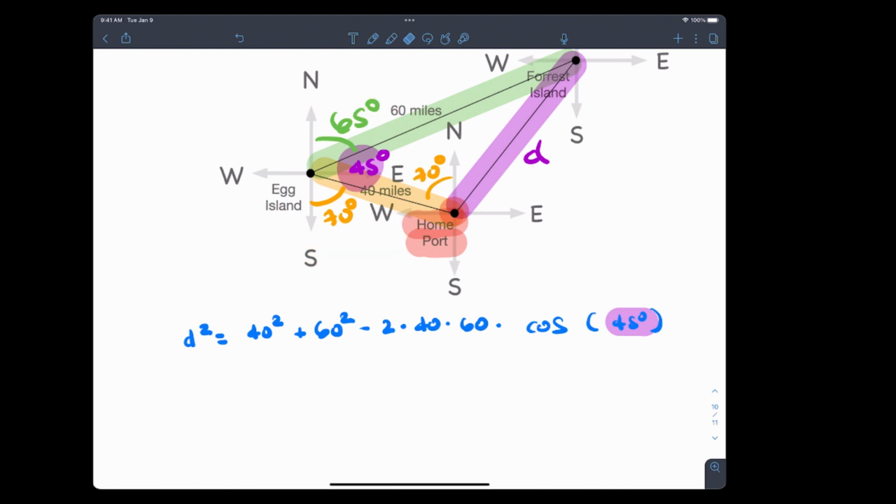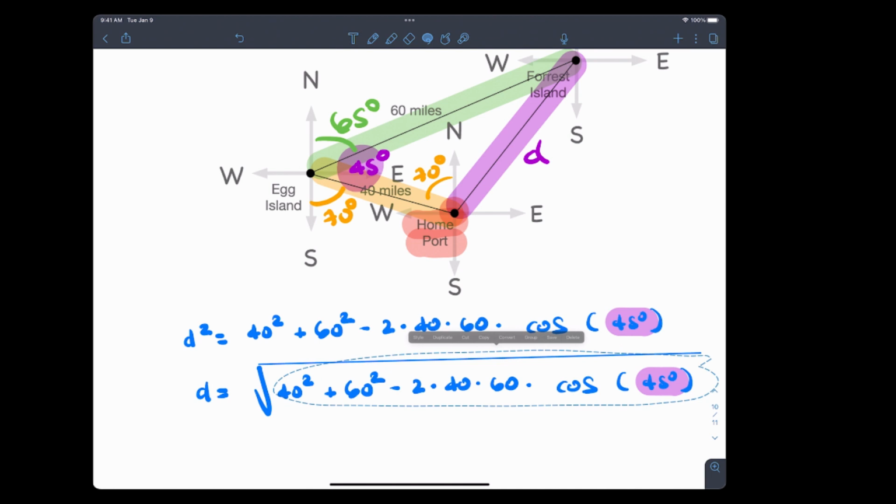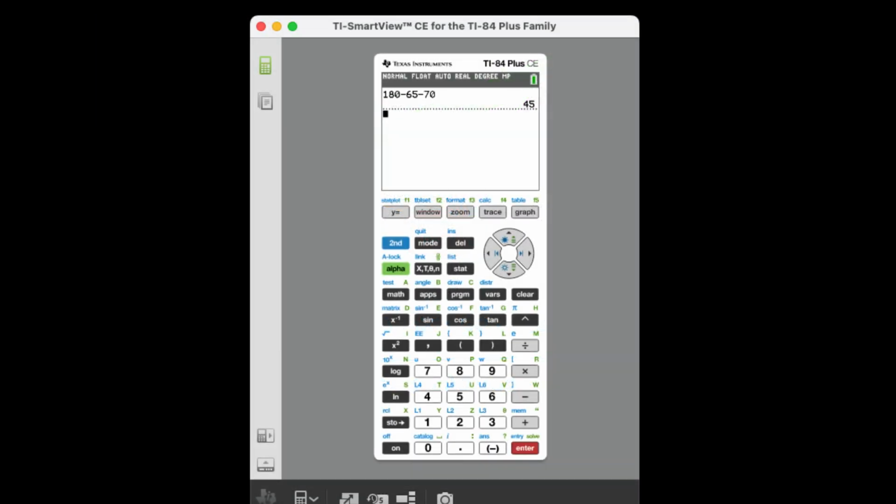Okay, now, ladies and gentlemen, what is D going to be here? D is the square root of all of this. And so what did we do again from yesterday? If we go to the TI, we're going to put the square root, right?